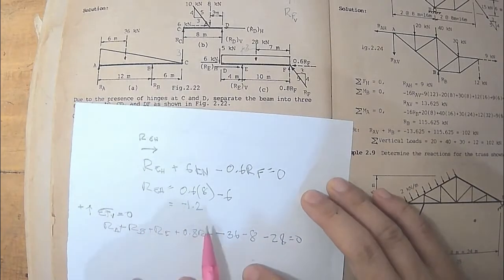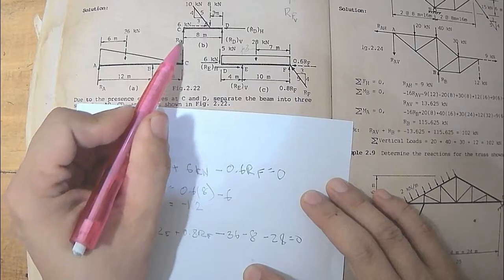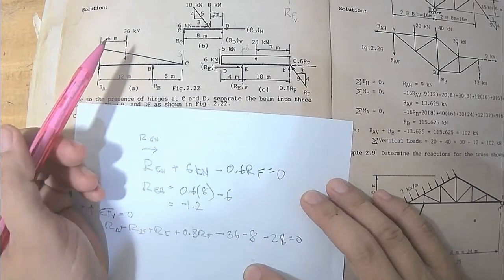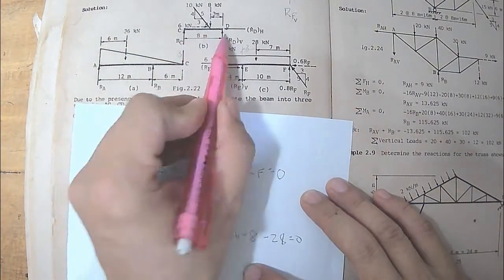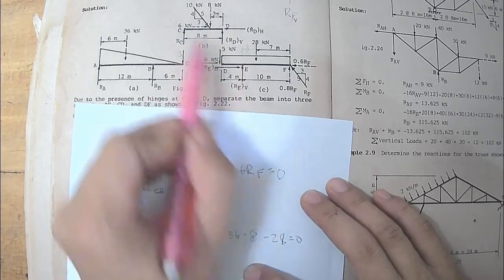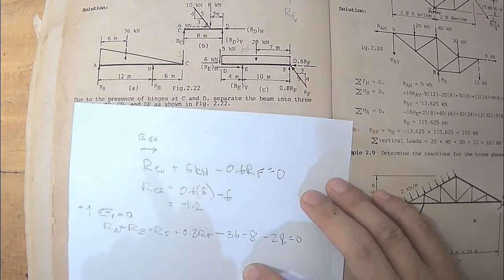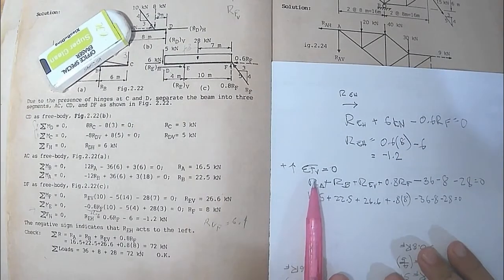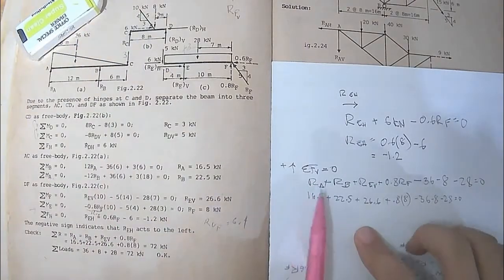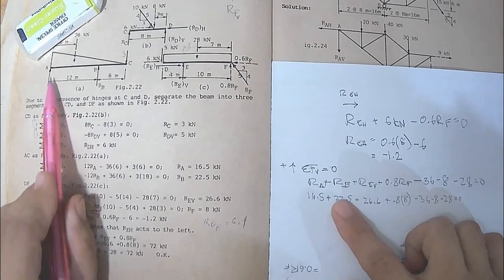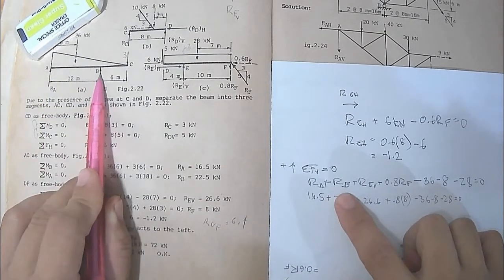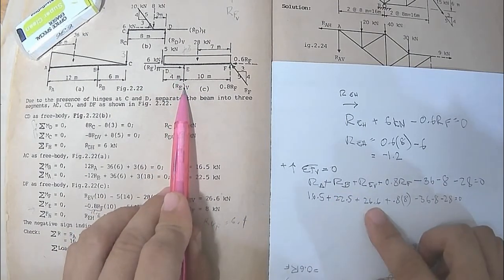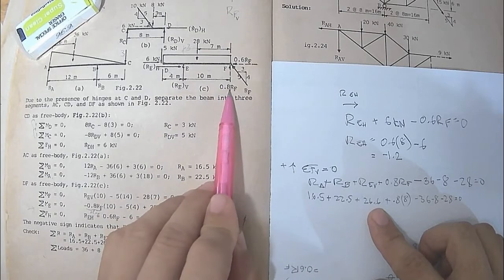Take note that we did not include RC and RD here, because these are just reactions of the hinge. And also, the hinge is not connected to the ground. Okay? Summation forces vertical is equal to 0. All upward forces we make positive. So we have here RA, RB, and then REV, this one, vertical, then 0.8 RF.